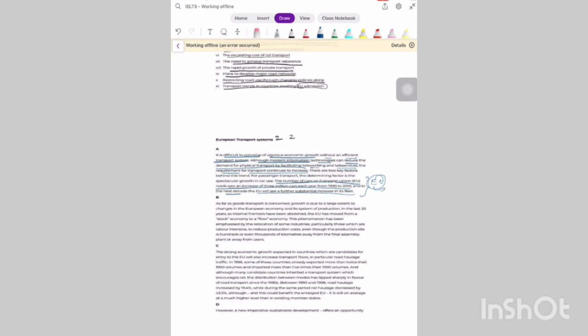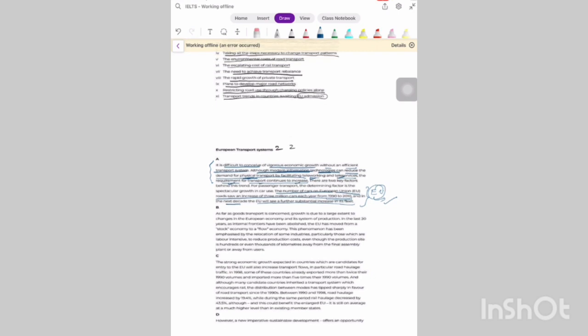And in the first two lines they were talking about transportation in general: even though modern information technologies can reduce demand for physical transport through teleworking and teleservices, there is still a requirement for transport and it continues to grow.